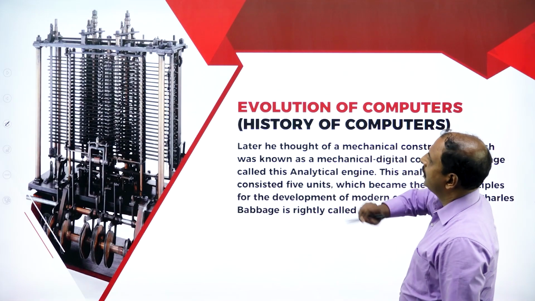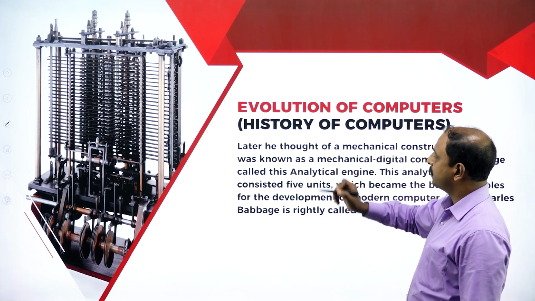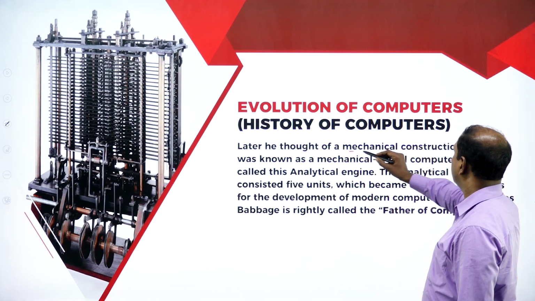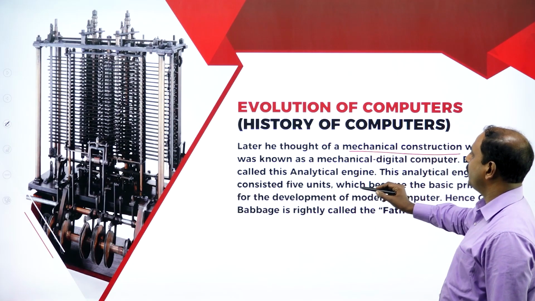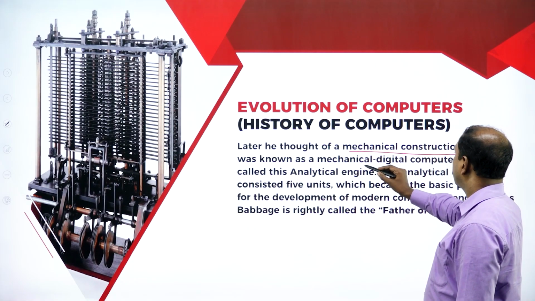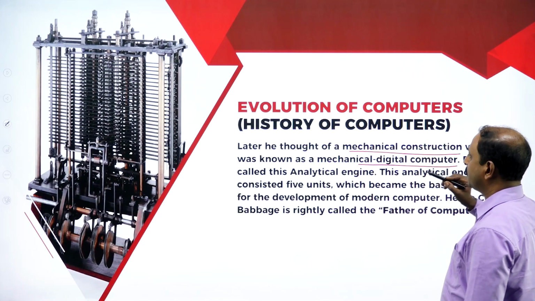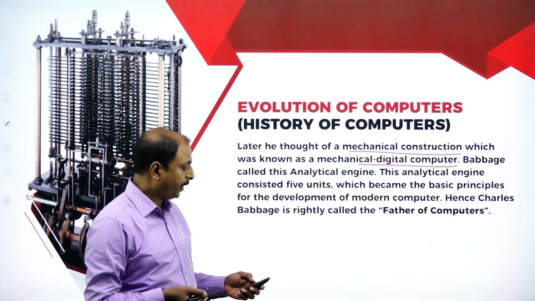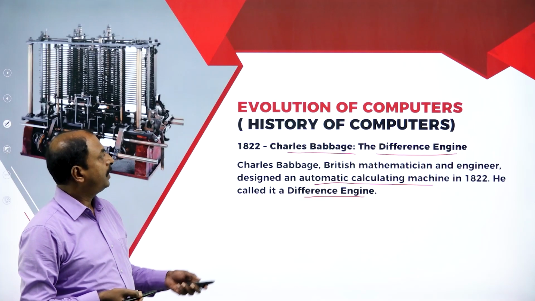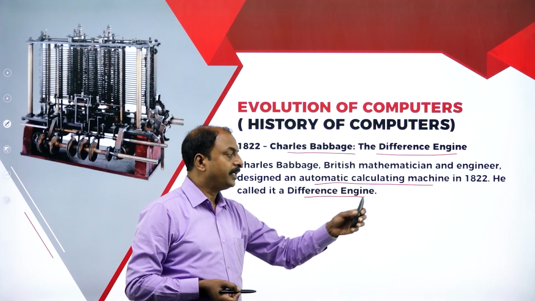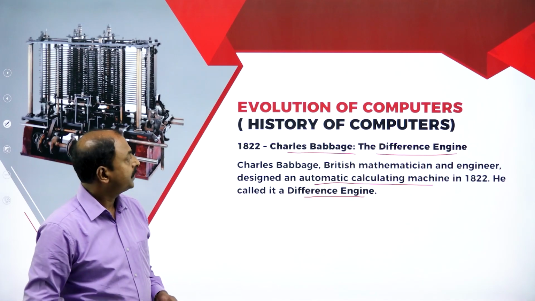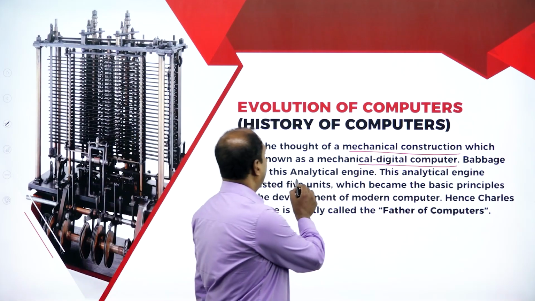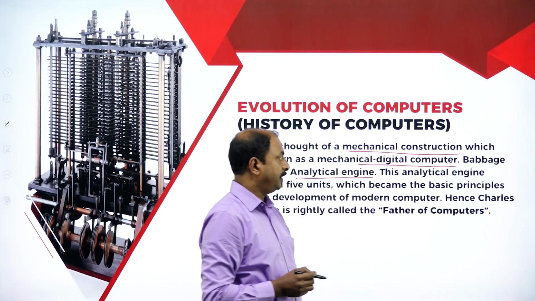Look at the next invention. Again, the same person, Charles Babbage, thought of a mechanical construction known as a mechanical digital computer. After developing the difference engine, he later developed a device called the analytical engine.